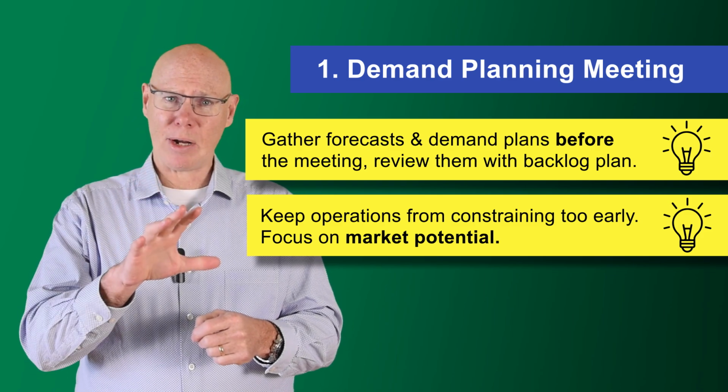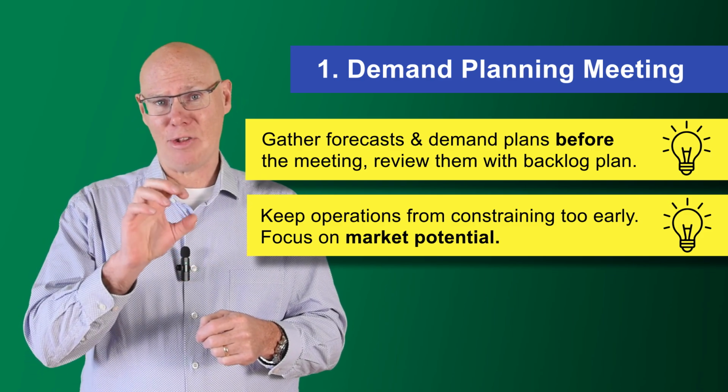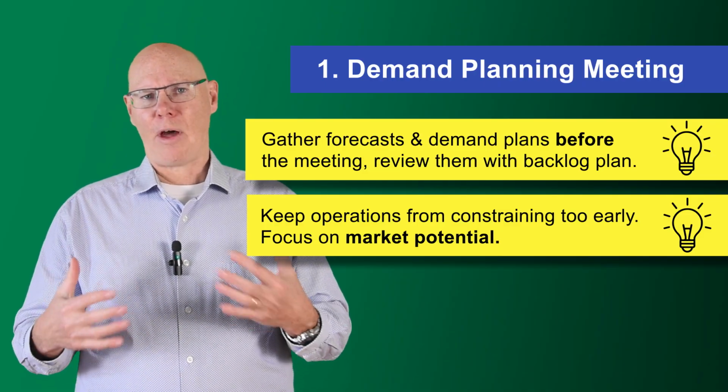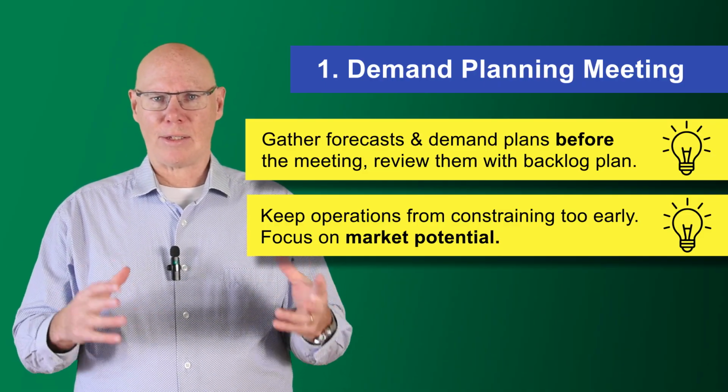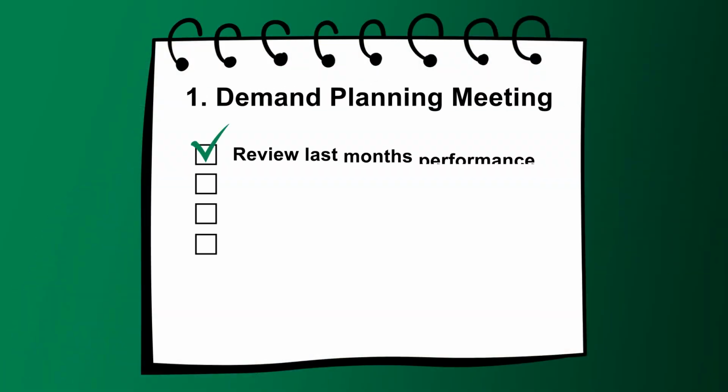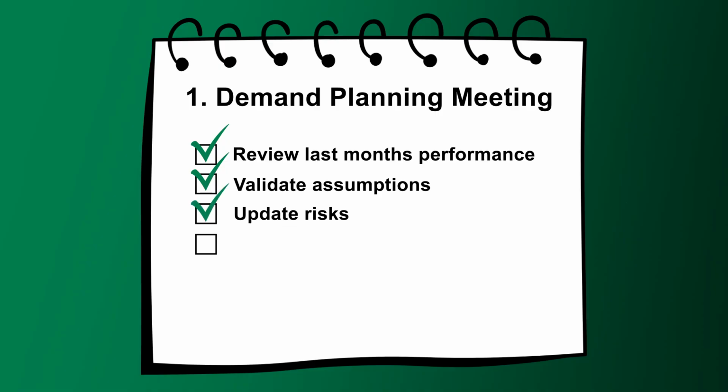This is about market potential in the demand meeting. It's not yet about capacity. The following is a quick little checklist to help you in this meeting. You should start by reviewing last month's performance, validate assumptions, update risks, and then agree on the unconstrained plan.